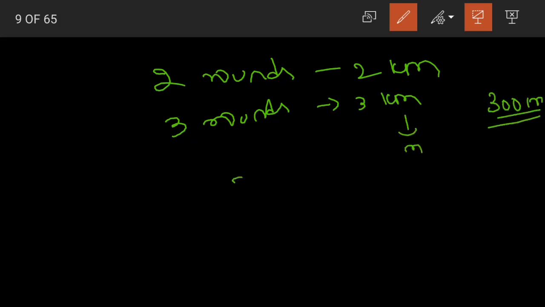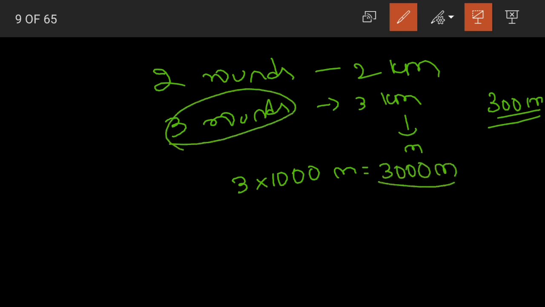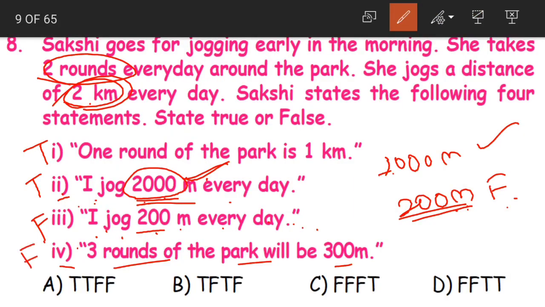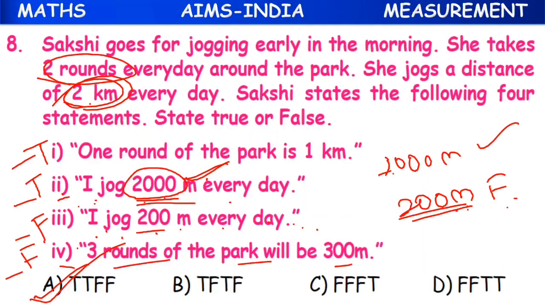So let us convert this into meters and see. 3 into 1000 meters is equal to 3000 meters. 3 rounds are nothing but 3000 meters, but in the statement it is given that 3 rounds are equal to 300 meters. Now is this correct, children? Is the statement true? No, statement 4 is false. So true, true, false, false is our correct order of the statements, that is option A. I hope this is clear.